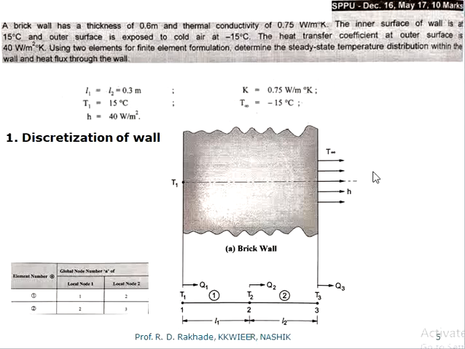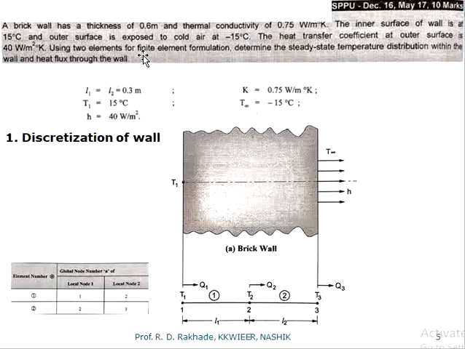The right side surface considers the temperature of surrounding as T infinity, that is minus 15 degrees centigrade. The heat transfer coefficient at outer surface is 40 watt per meter square degree Kelvin. We denote heat transfer coefficient as small h, and that value is equal to 40.